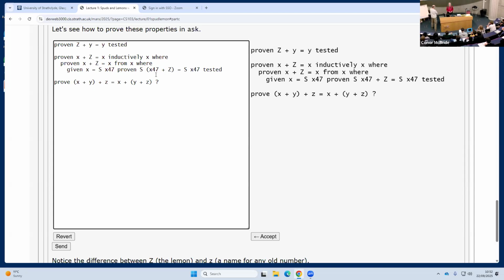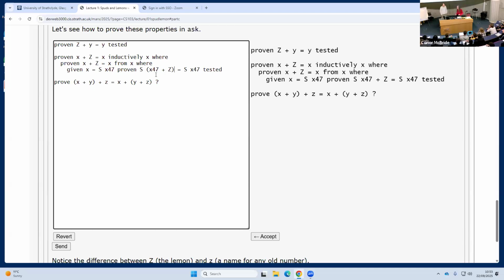So after one step of computation, a successor bubbles out the front, and two successors are equal if the numbers one less are equal. So 3 plus 0 is 3 because 2 plus 0 is 2, and then you add one more on each side.